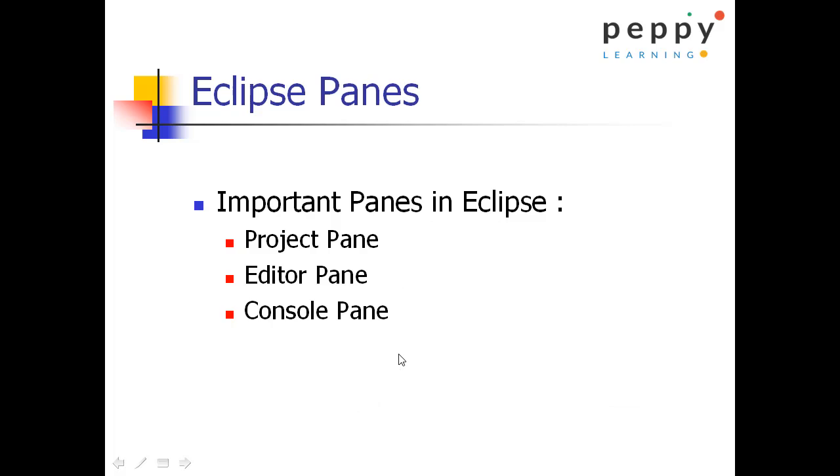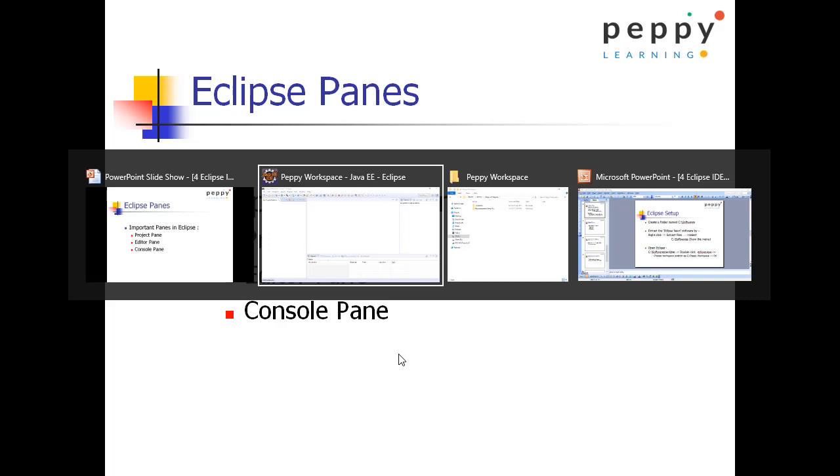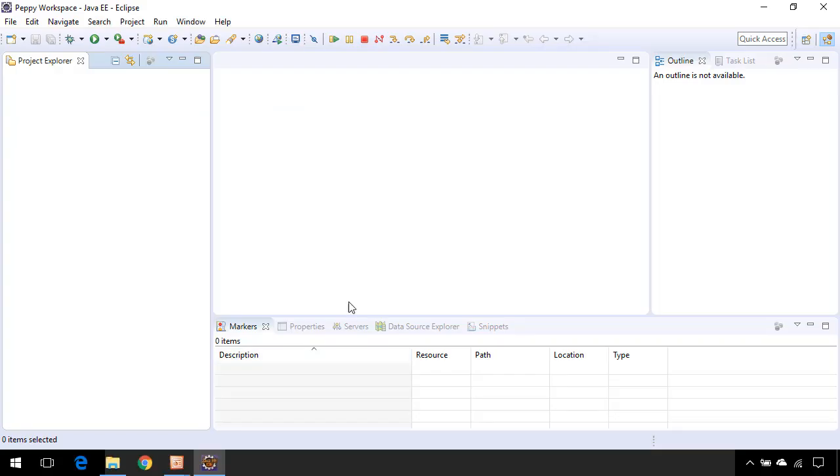Next slide. Eclipse panes. Following are the important panes in Eclipse. Those are the project pane, editor pane and console pane. Let's see what the panes are. On the left side you can see the project explorer window. This is called the project pane. The center window is called the editor pane.